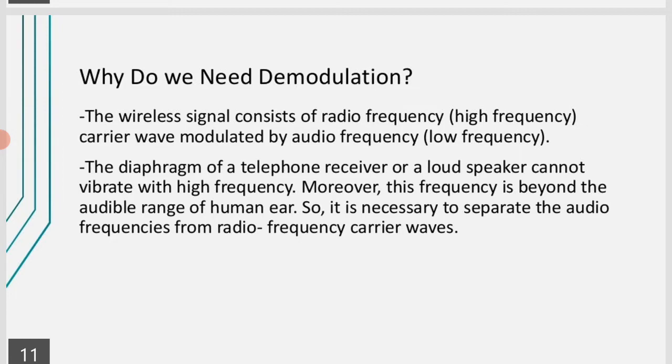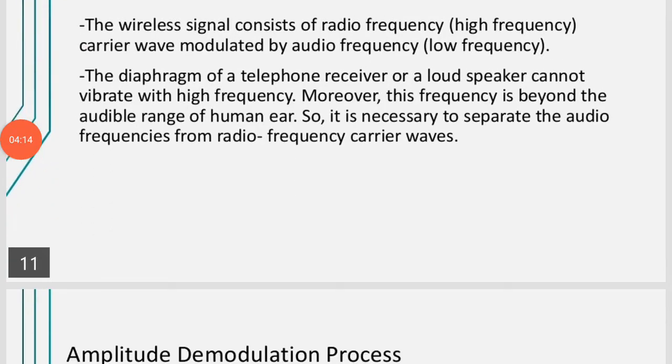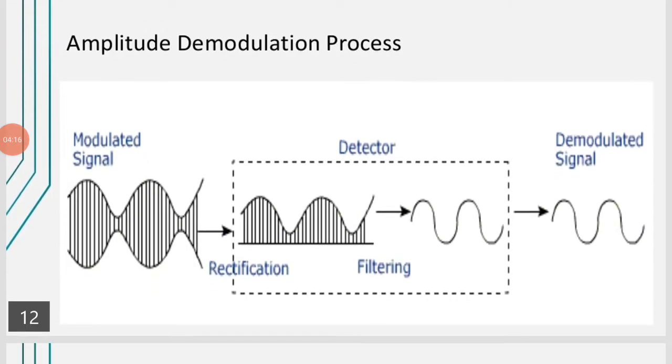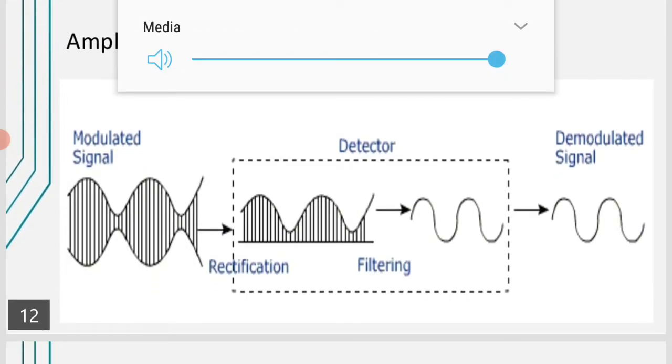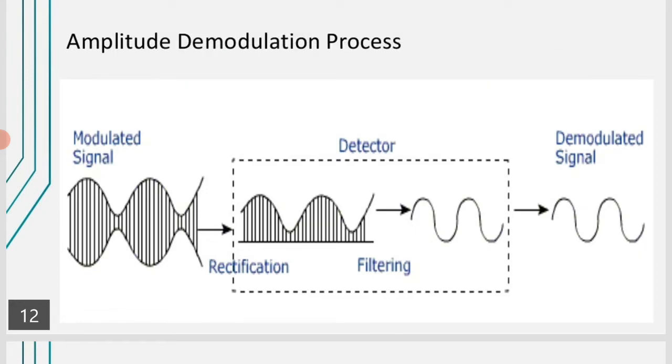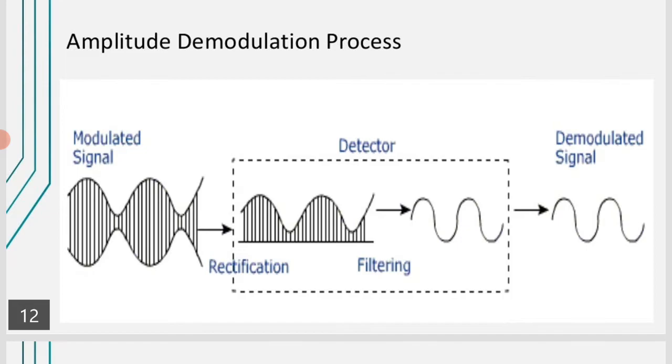After that we saw the demodulation process. In the demodulation process, the input is given to the detector, and the output is obtained in the reverse direction, meaning in the original form.